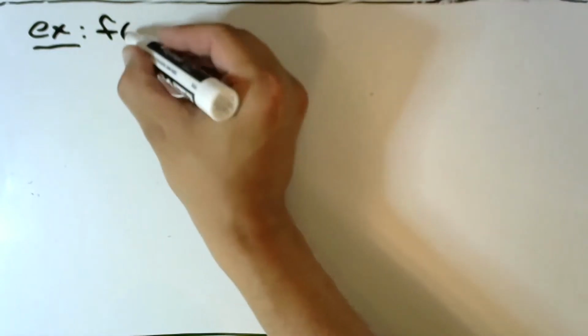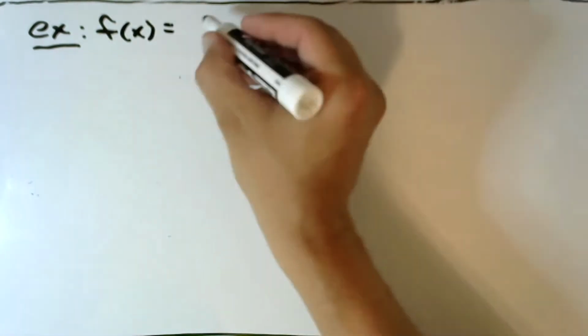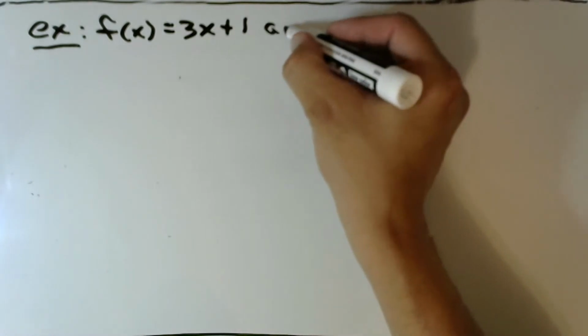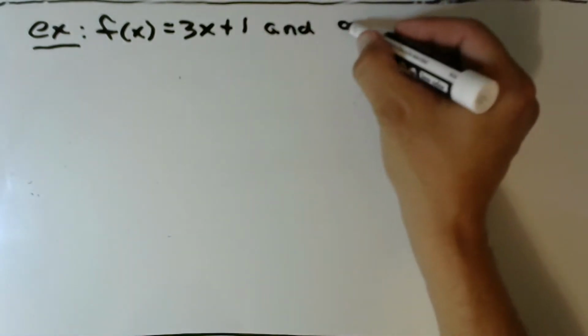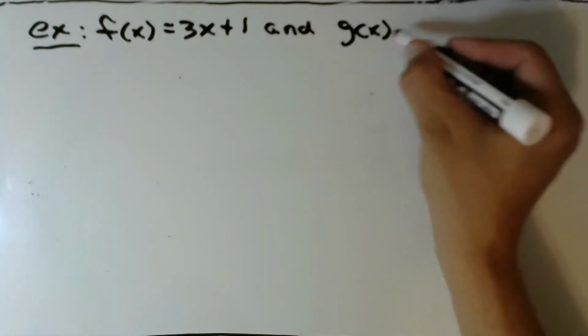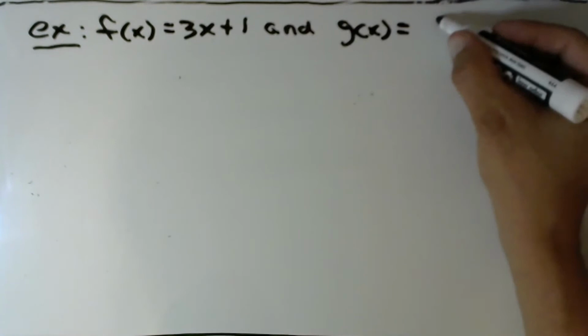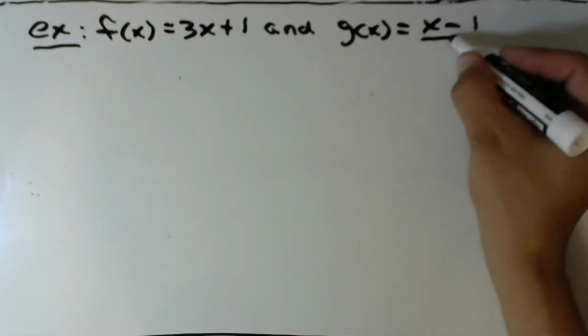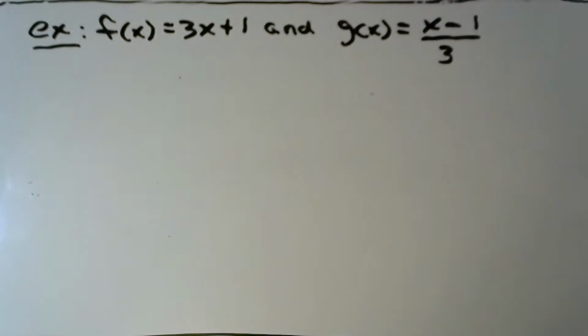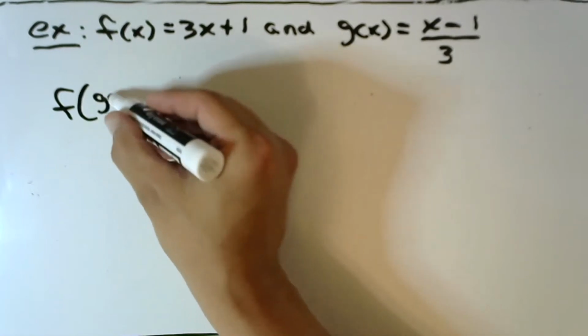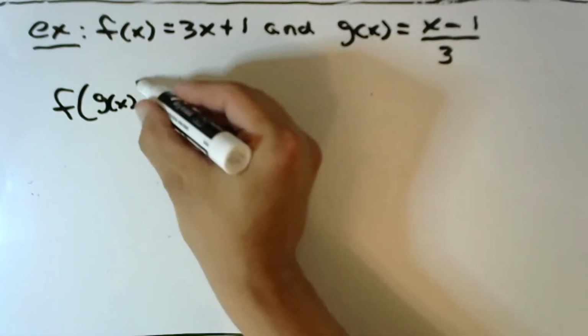So let me give you an example. Let's say f of x equals 3x plus 1, and g of x, let's see, is x minus 1 over 3. Are these inverses of each other? Well, what we do, we take f of x, replace the x with the entire g of x.